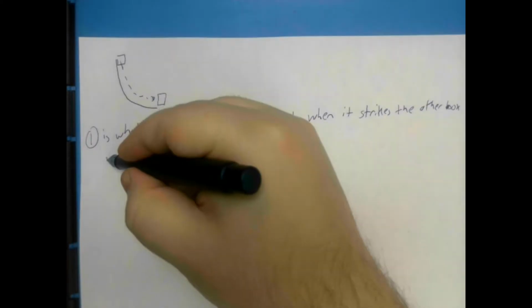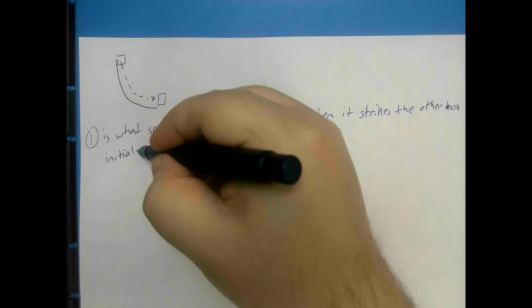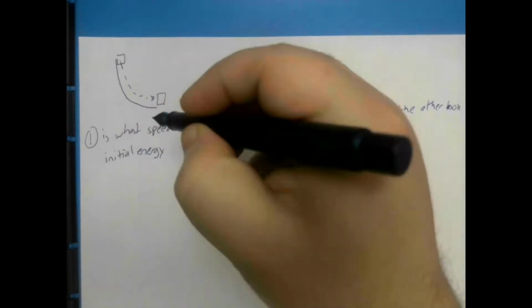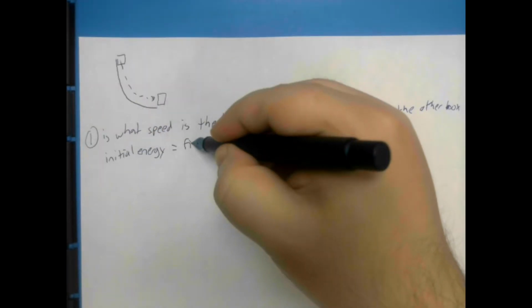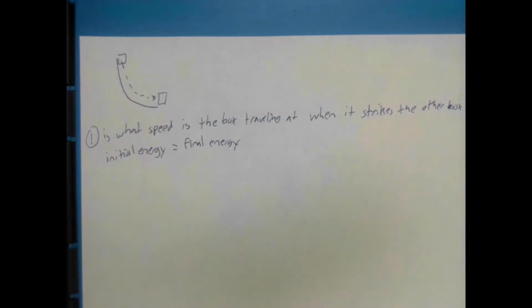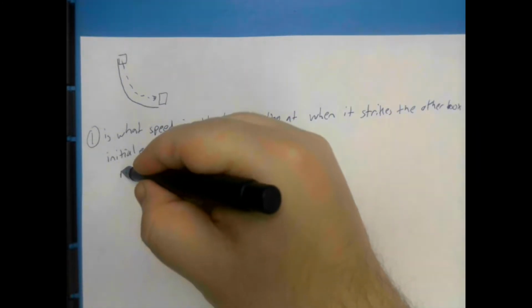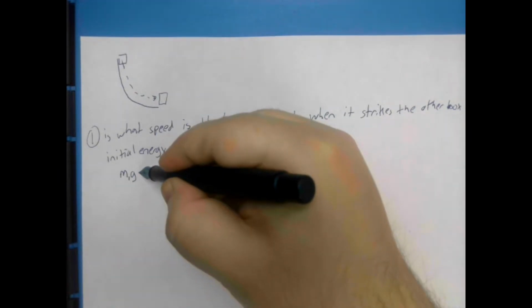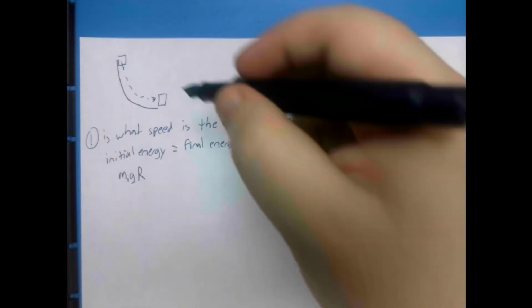So initial energy has to equal final energy. Solving that, the initial energy was mass 1 times g times R. There's no kinetic energy, so this is just the first box.